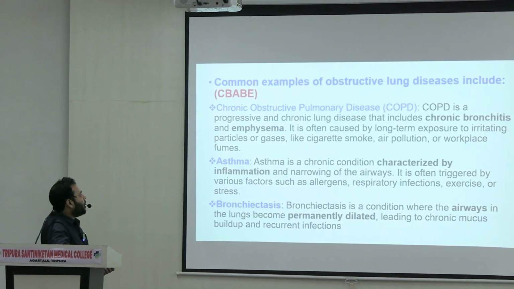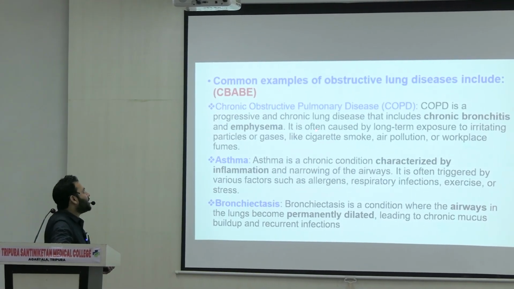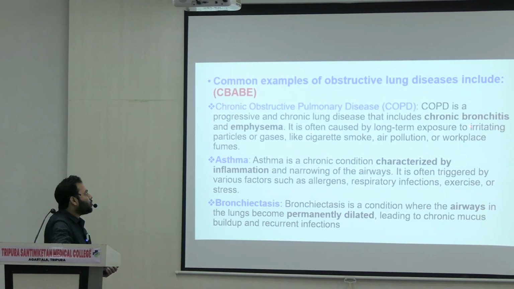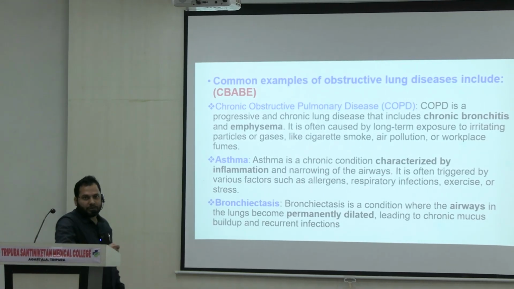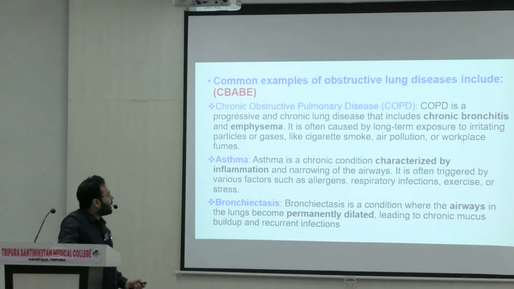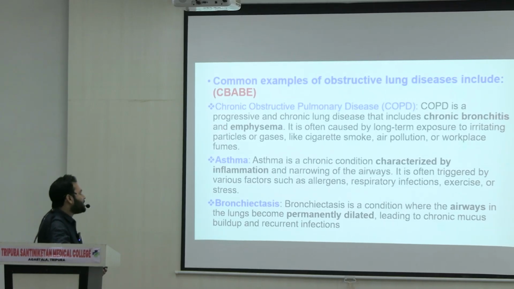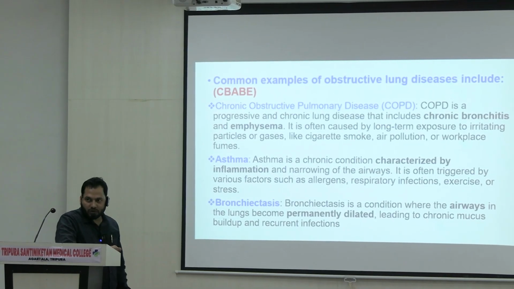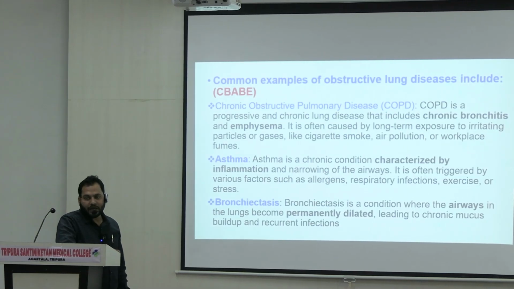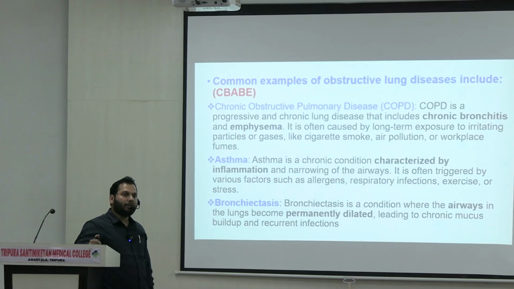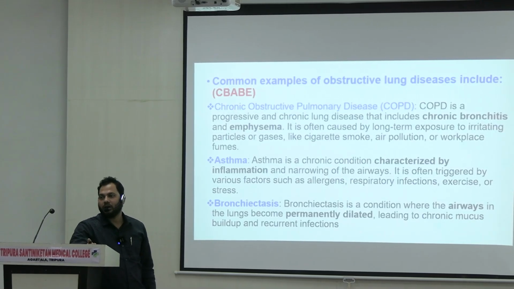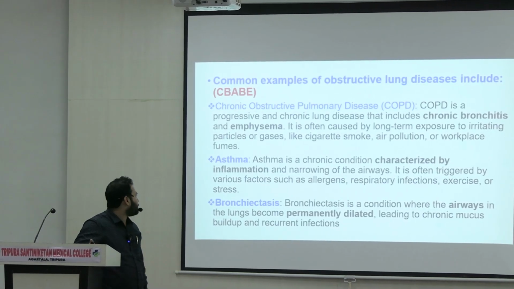Here you can see, COPD is a progressive and chronic lung disease that includes chronic bronchitis and emphysema, and it is often caused by long-term exposure to irritating particles or gases like cigarette smoke, air pollution and workplace fumes. So these are the causative agents that may lead to the development of COPD, that is, chronic bronchitis as well as emphysema.